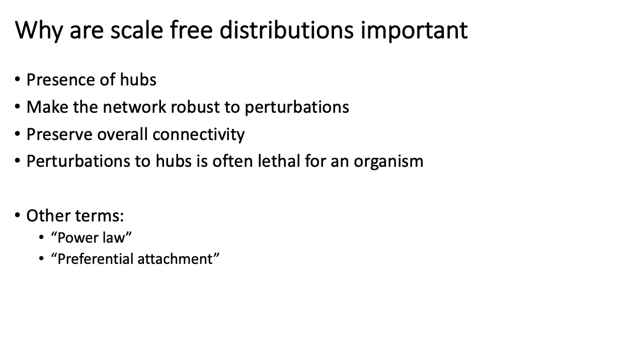One interesting aspect about scale-free networks is that it actually makes your network, structurally anyways, robust to perturbation. What I mean by that is that if most of the nodes in your network all have very low degree, only 1 or 2 edges, then even if you knock out or knock down that gene, in terms of the overall structure of the network, you're not really perturbing the global structure of the network that much.